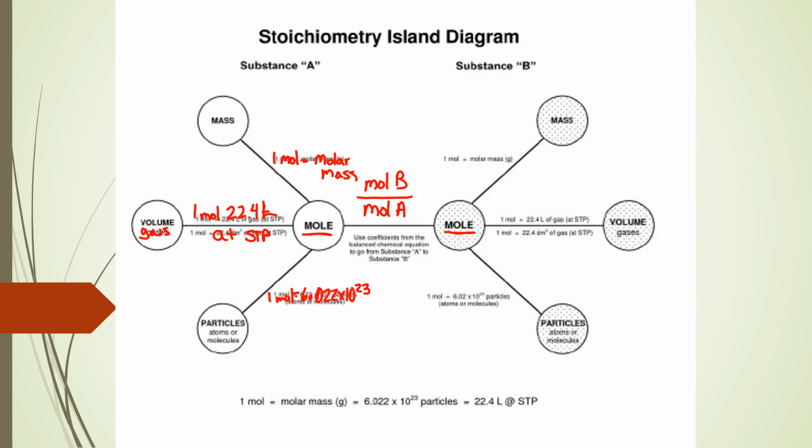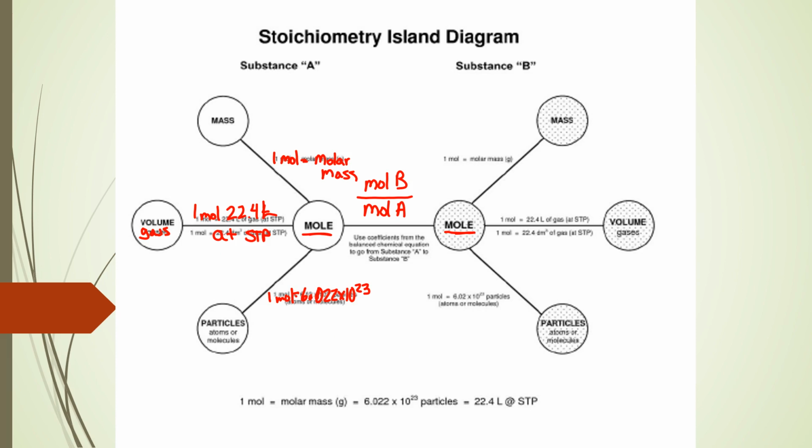Whatever coefficient that's in front of that thing in the balanced equation is our mole ratio. And then all of these are just the same thing as what I just listed over here. So we're just kind of going through looking at that.